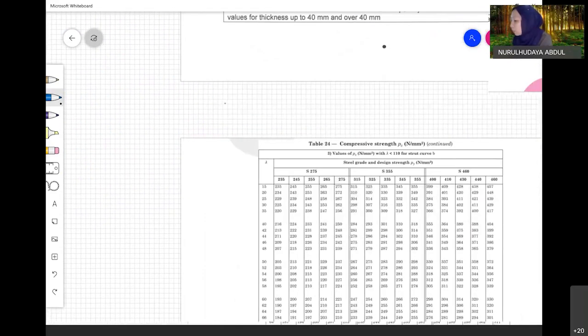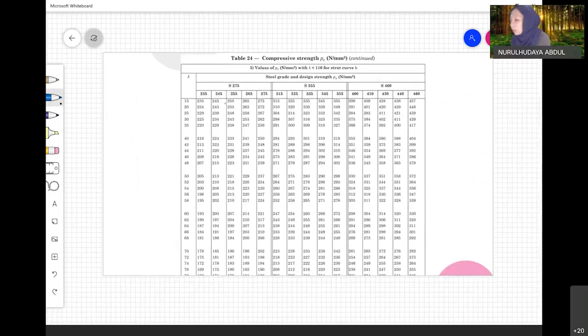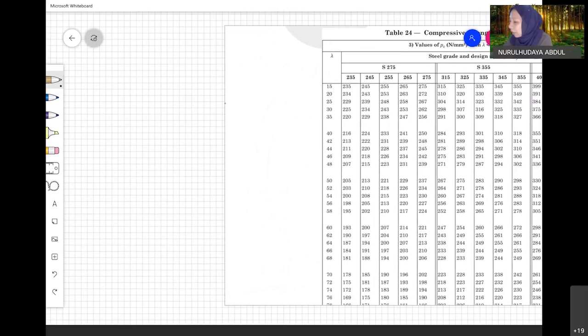So kat sini, I ada provide table curve B. Okay, you boleh tengok yours. Ada bagi yang size A4. We have our slenderness ratio which is 58.824. Kalau you tengok dekat sini 58.824 tak ada. Tak ada dalam table ni. You just ada 58 sampai 60, sebab 58.824 is between 58 dengan 60.